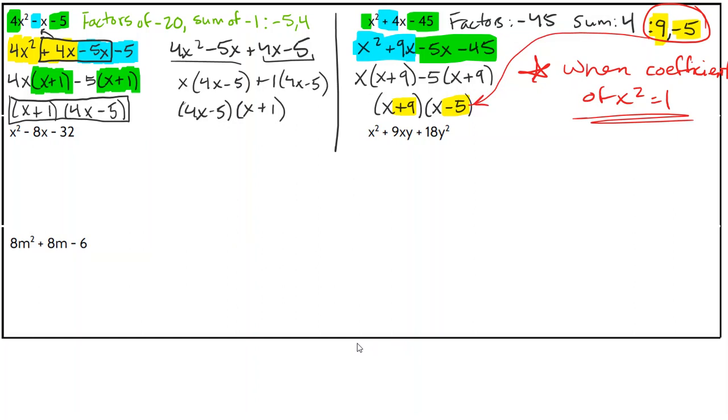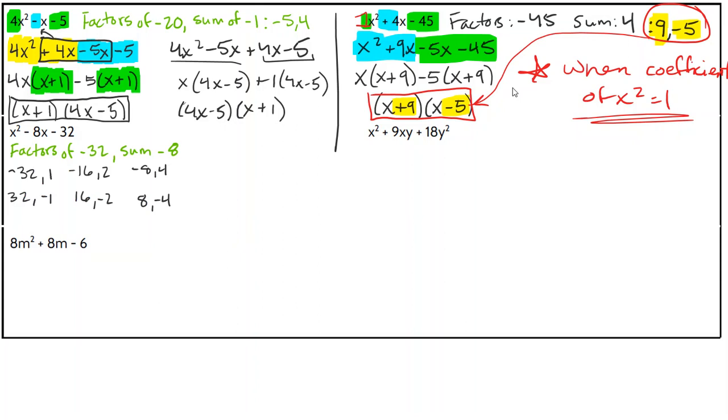Because we know that in order to get to x squared or 1x squared, we have to do x times x. We're not dealing with any other numbers. So that's a shortcut that you can use. You don't have to use it, but it's a shortcut that you can use when the coefficient of x squared is 1. So go ahead and pause the video and try the next one.